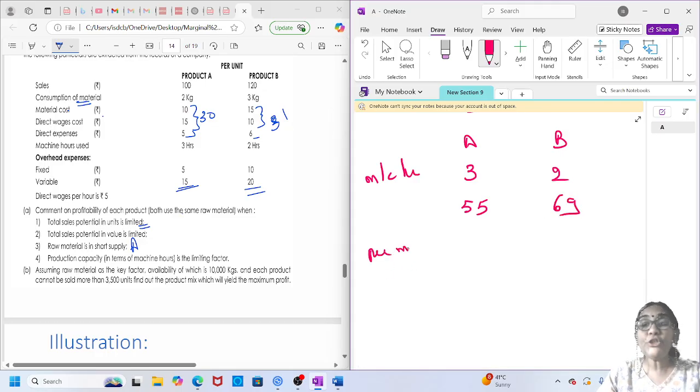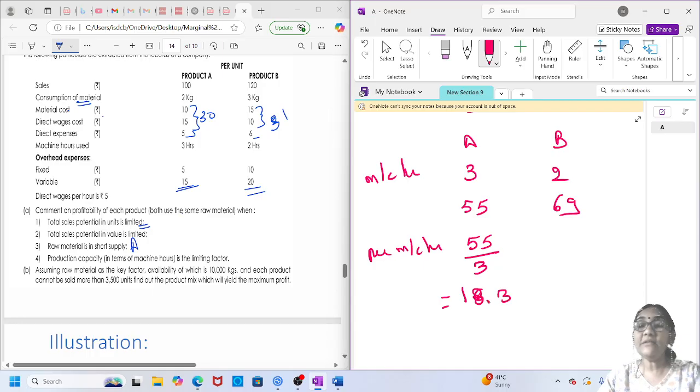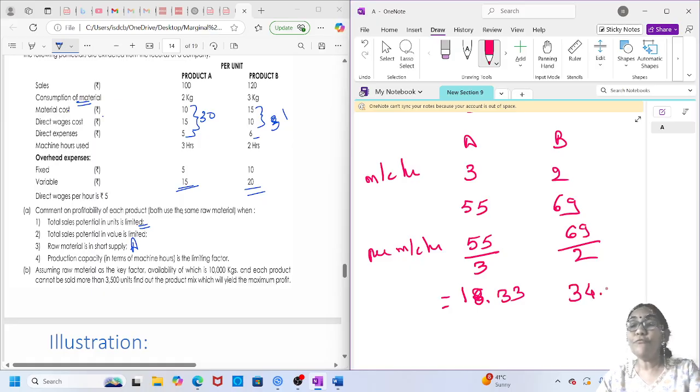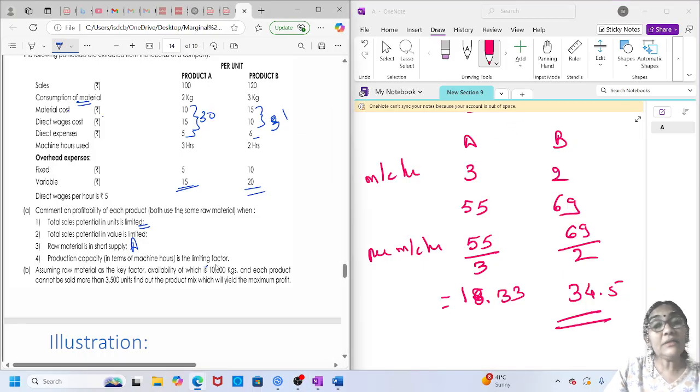So per machine hour you will get 55 upon 3, that is 18.33, and here 69 upon 2, so 34.5. So the contribution here for B is more per machine hour. So it is better to manufacture B if the machine hours is going to be the limiting factor.